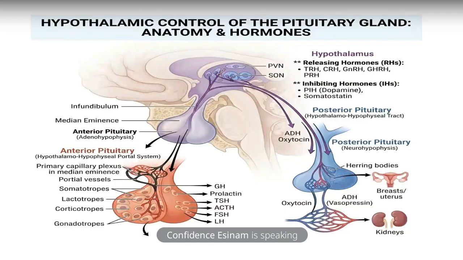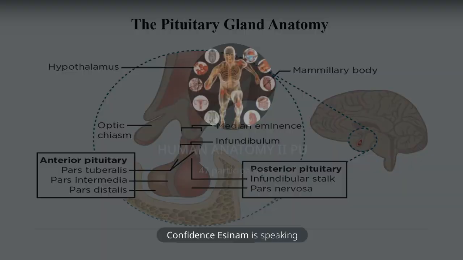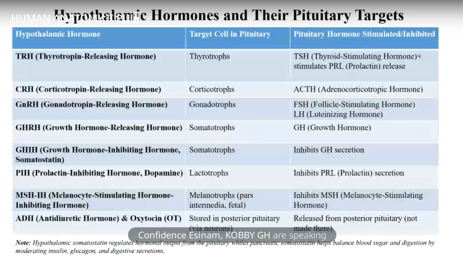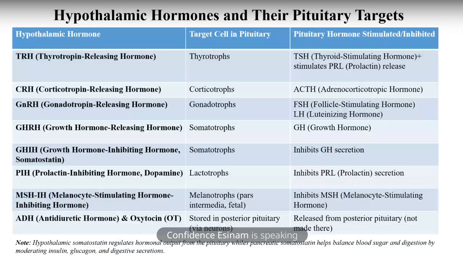Sir, I don't really get it. You said the anterior hormones, where are they produced? All the anterior hormones are produced in the hypothalamus. All the posterior hormones are also produced in the hypothalamus.